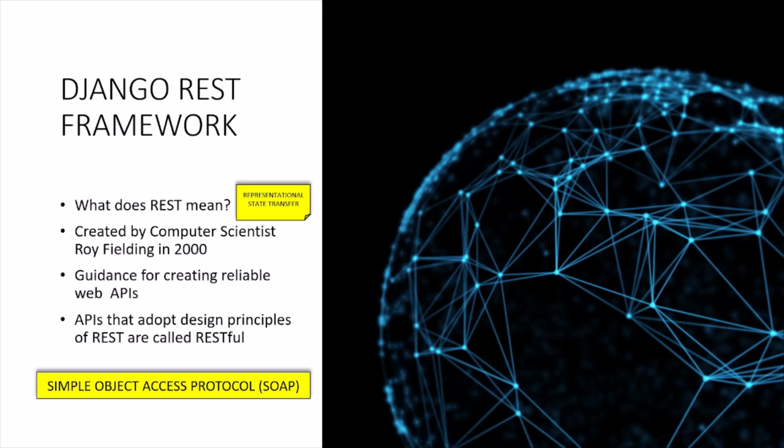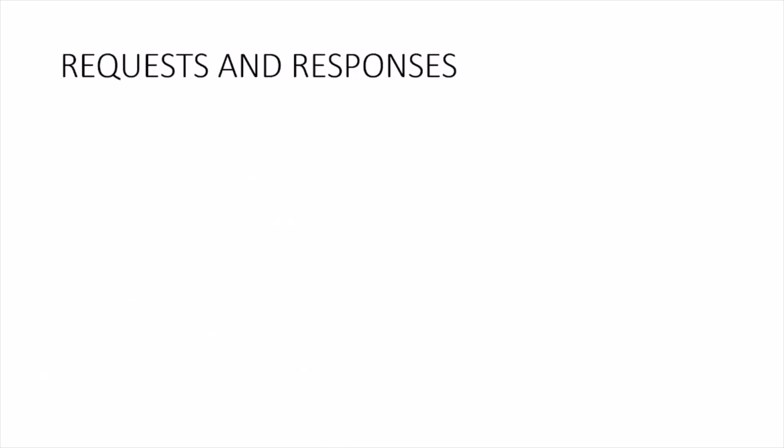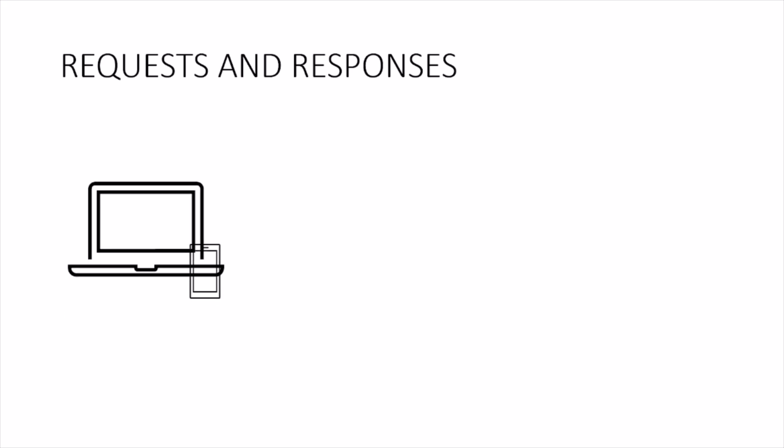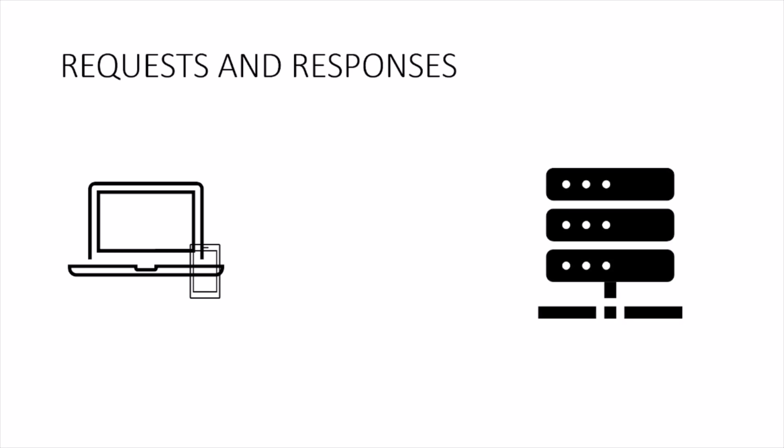But coming now to the basis of REST, that is requests and responses. REST essentially leverages HTTP. We have the client, which could be a laptop or a mobile. And we have the server. And then, of course, we have the API. It's always the client that will send a request through the API to the server. And the server will always send the response back to the client.